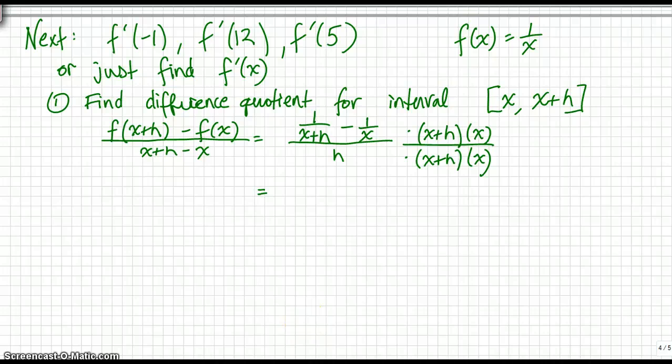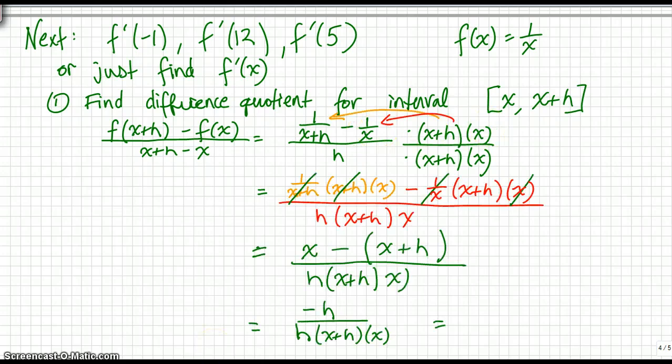I'm going to deal with this the same way that I dealt with the previous problem, by clearing denominators, multiplying by x plus h to get rid of that one, and x to get rid of this one. So you can see that after I've done this, when I multiply by the first one, I get this in orange, where the 1 over x plus h and the x plus h cancel out. And then the red one, where 1 over x and the x cancel out.